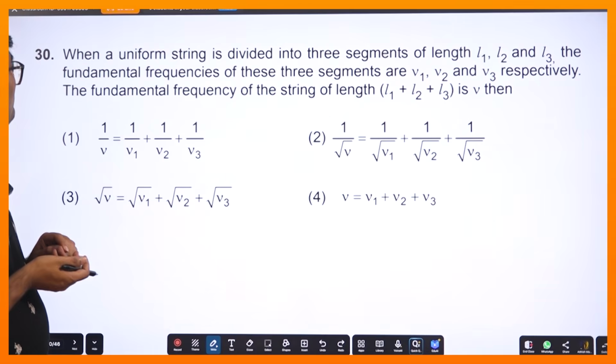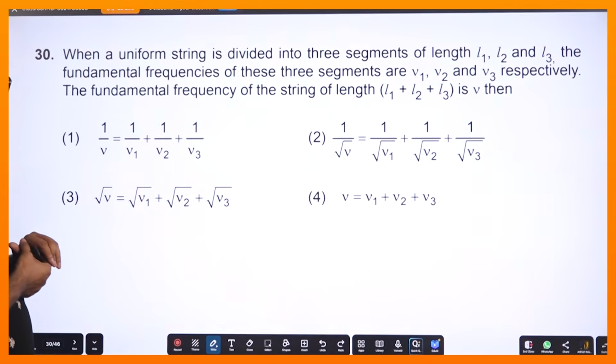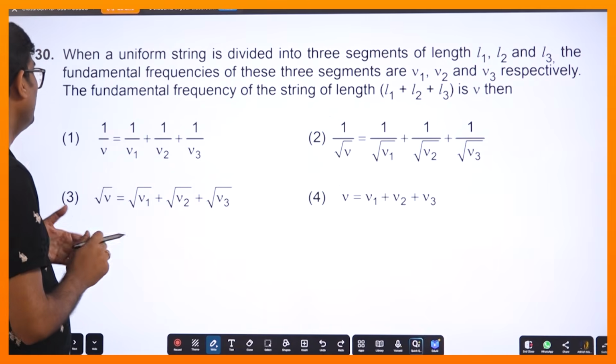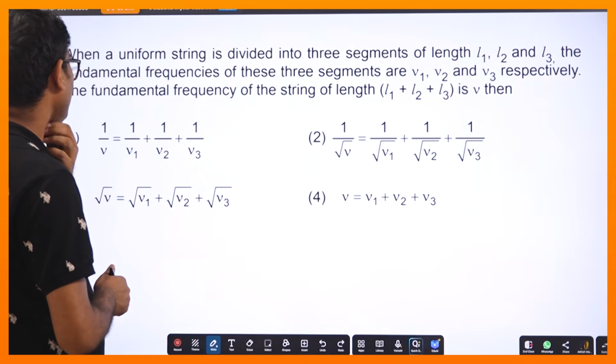When a uniform string is divided into 3 segments of length L1, L2, L3, the fundamental frequencies are nu1, nu2, nu3 respectively. The fundamental frequency of the string of length L1 plus L2 plus L3 is nu. Okay, so we have to calculate when the string is divided into 3 segments.